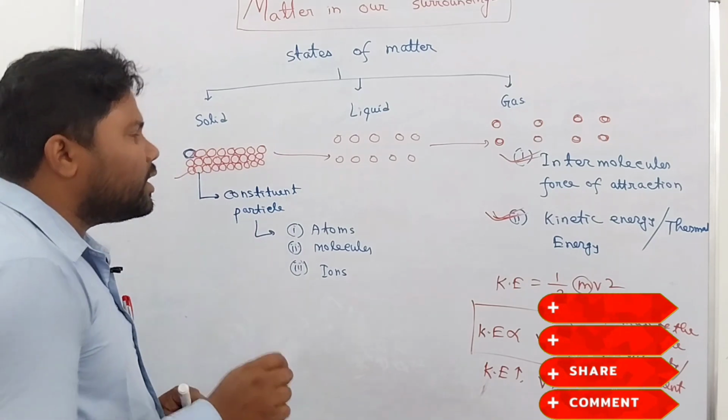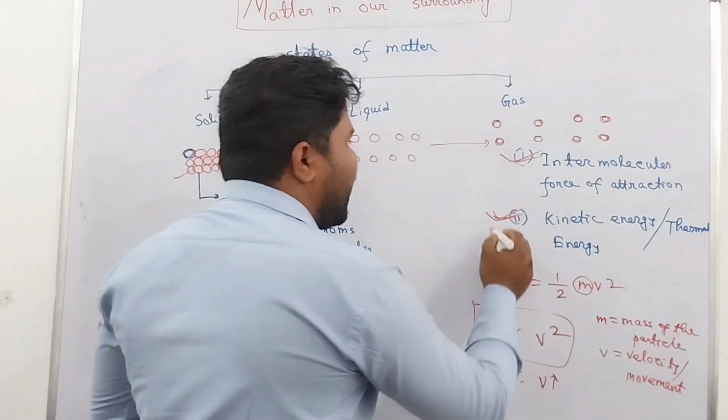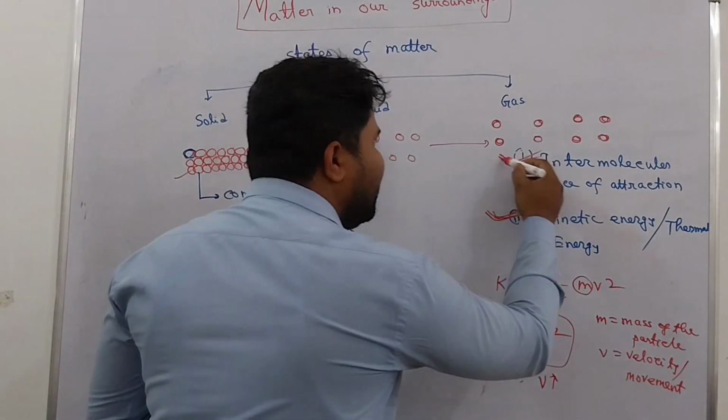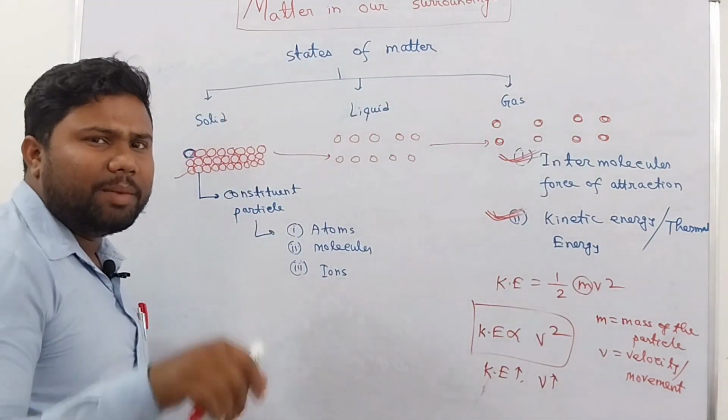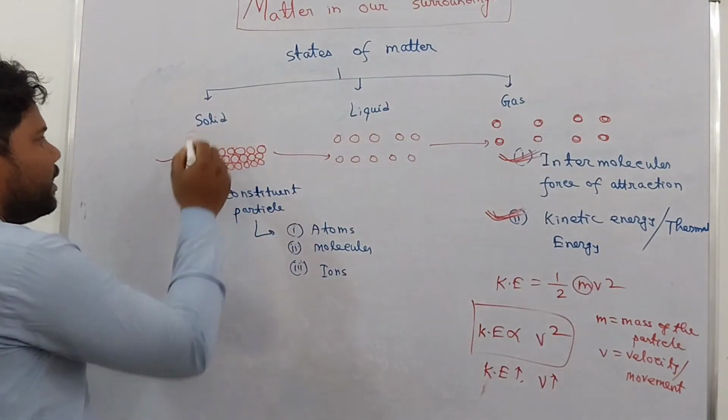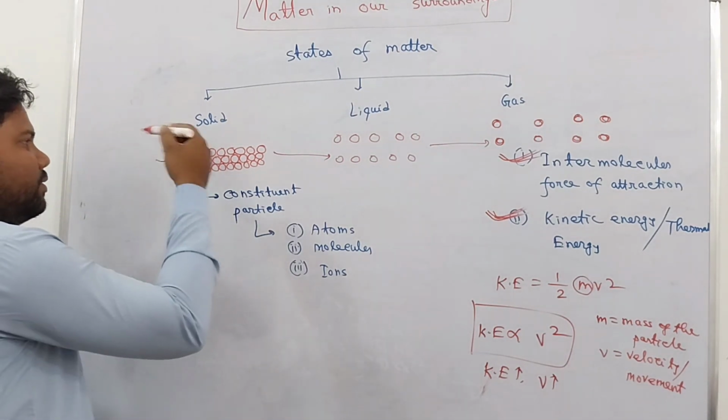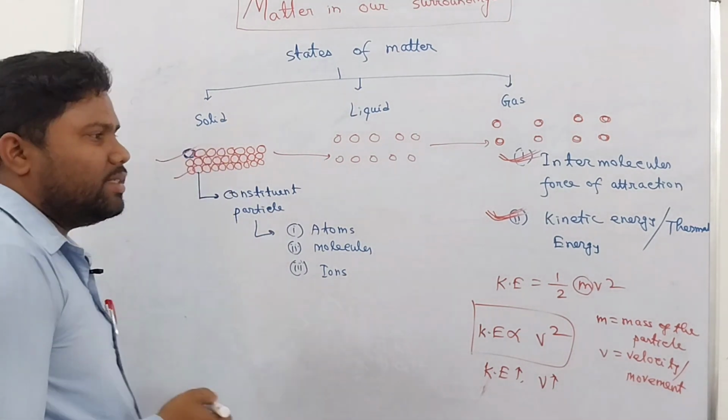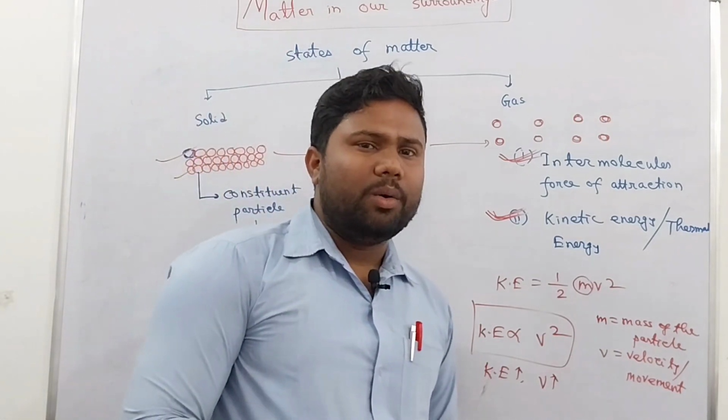That is why in case of gaseous states of matter, the kinetic energy is maximum but intermolecular force of attraction is minimum. But in case of solid, the intermolecular force of attraction is very high but kinetic energy is very low.